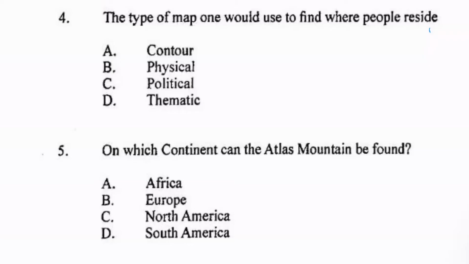If you want to know where people reside, where they live, you wouldn't use a physical map, because a physical map describes the physical features of a place. When you look at a physical map, you can see things like the rivers, the water bodies, the landscape, the mountains.